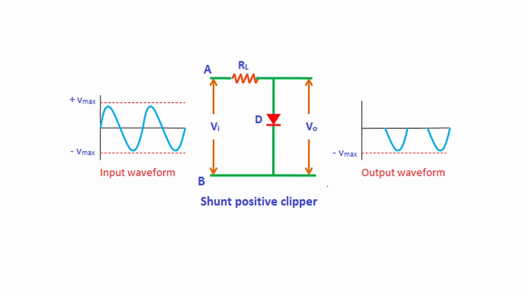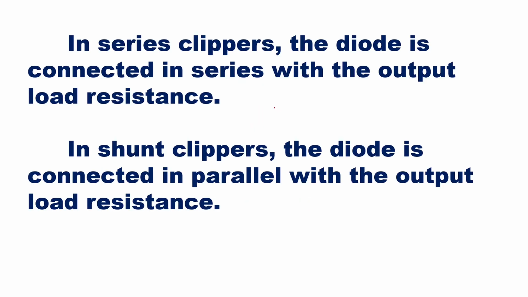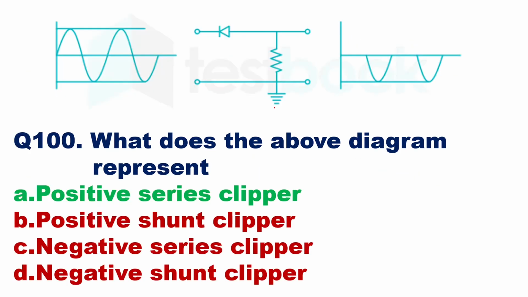Here you can see the diode is in shunt with the load, or it is parallel with the load. In series clipper, the diode is connected in series with the output load resistance. In shunt clipper, the diode is connected in parallel with the output load resistance. So here option A will be the right answer. That is, the above shown diagram is positive series clipper.